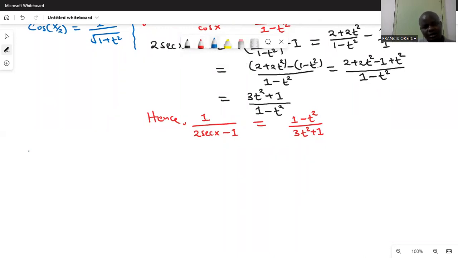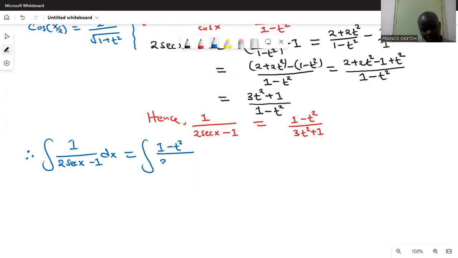So hence, or therefore, the integral of 1 over 2 sec x minus 1 dx, that is the same as the integral of 1 minus t squared, everything over 3t squared plus 1 dx, the same as 2 dt over 1 plus t squared.